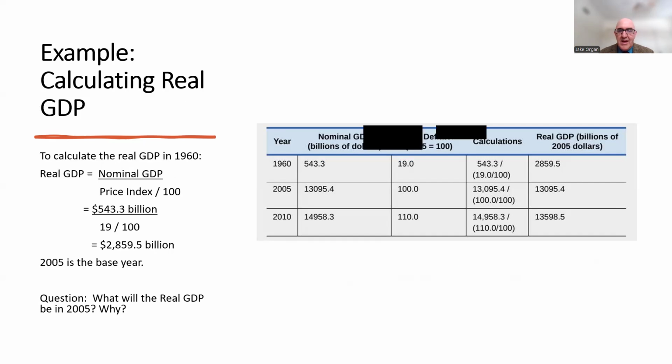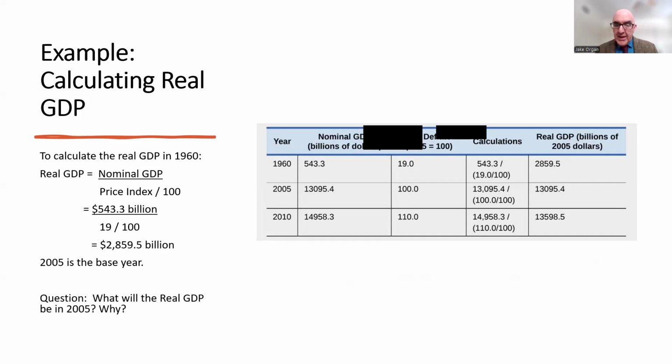Those black squares should be covering up various things, but try and work out these figures in each year, because in 1960 it's actually 19. So to turn nominal GDP into real GDP, in this case 2005 is the base year.